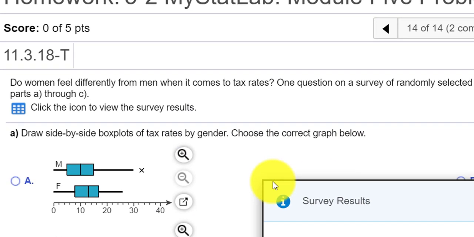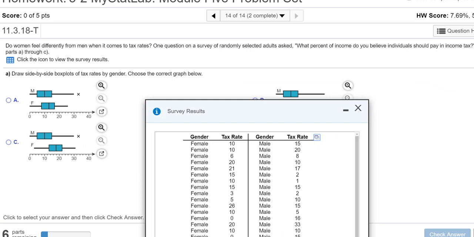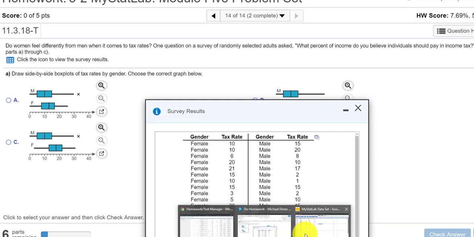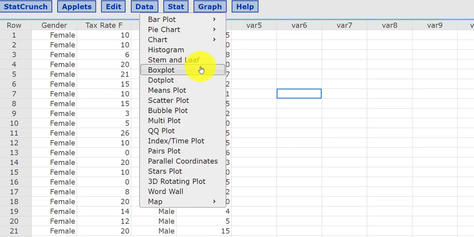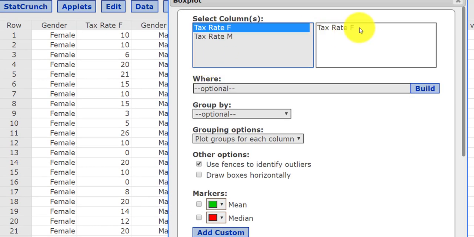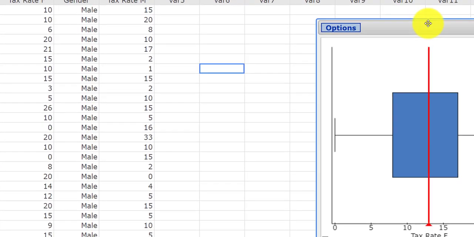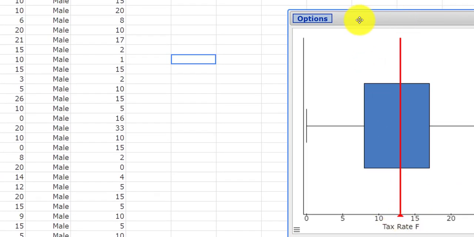All right, so let's see what we have here. First, we'll do the box plot. Let me go back to my data. If you press graph, box plot, the first one I'll do would be the females. I want to draw my boxes horizontally, and I want to see the median. Press compute. So that's tax rate for females.